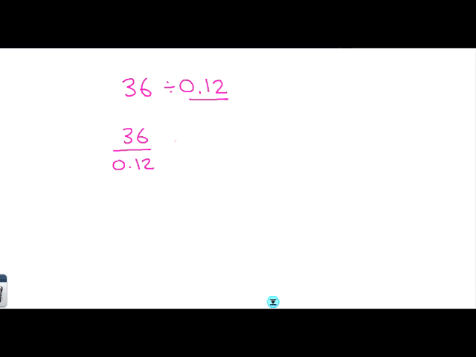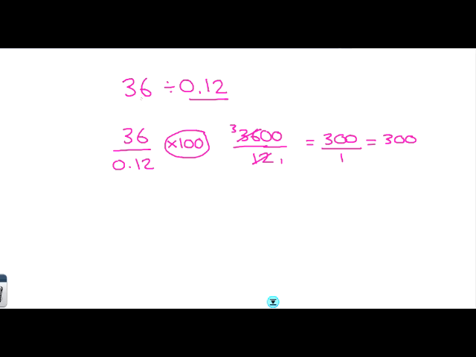Well, times it by 100, of course. That's 3,600 over 12. Now, 1 12 is 12, and 3 12s are 36. So therefore the answer is 300 over 1 if you like, which therefore is 300.